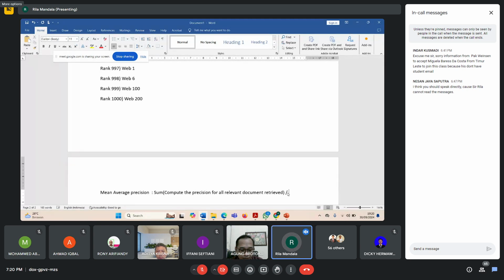And then divide it by the number of all relevant documents in the golden standard. This is the performance measure used in information retrieval or search engine.